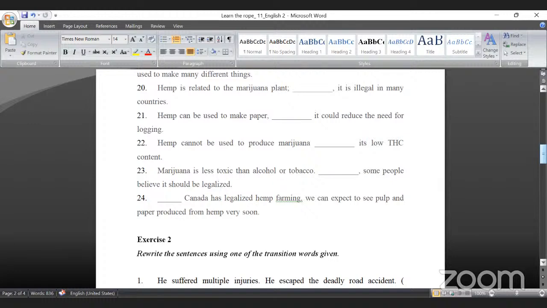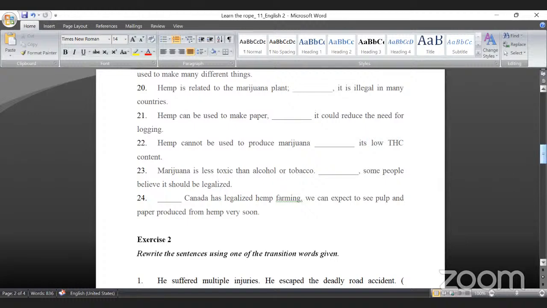So, or hence, or therefore, consequently, as a result, anything could go. 24th, dash, Canada has legalized hemp farming. We can expect to see pulp and paper produced from hemp very soon. Reasoning again. You can use since. Since Canada has legalized hemp farming, we can expect to see pulp and paper produced from hemp very soon.